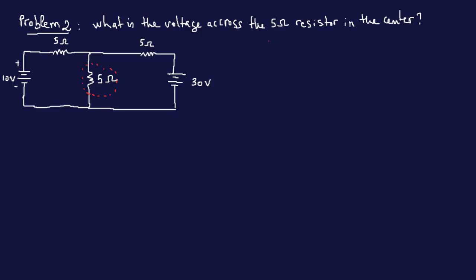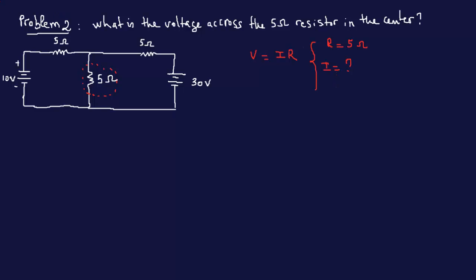So what's voltage? Voltage is equal to IR, Ohm's law. We know what R is, but we don't know what I is, the current. So how do we find I?